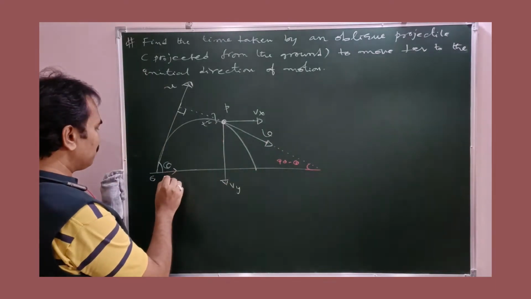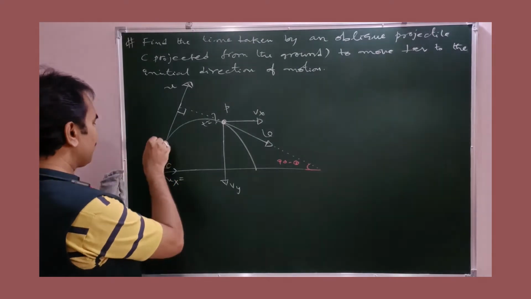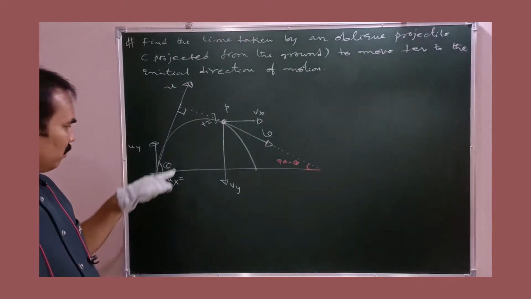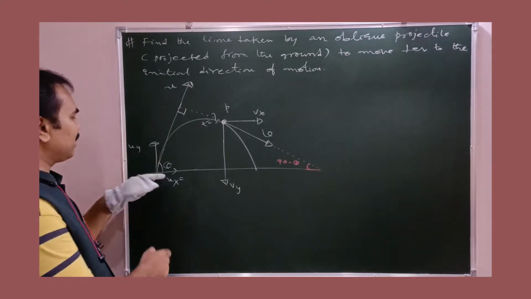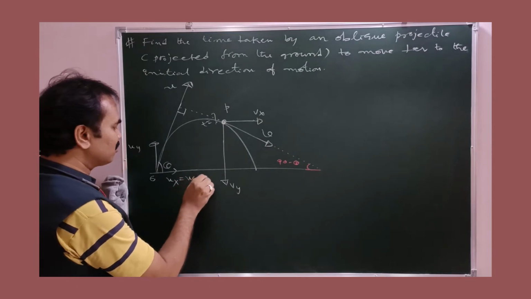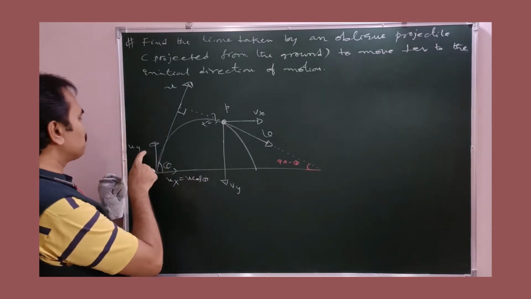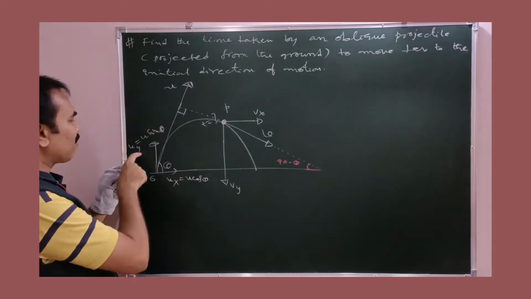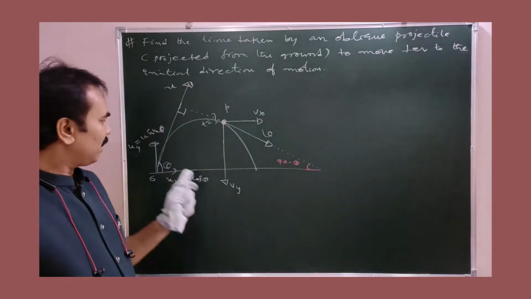Here this is Ux, here Uy. The angle made by U with the horizontal is theta. So Ux is U cos theta, the adjacent side, and Uy is U sin theta. These are the components of the initial velocity at point O.